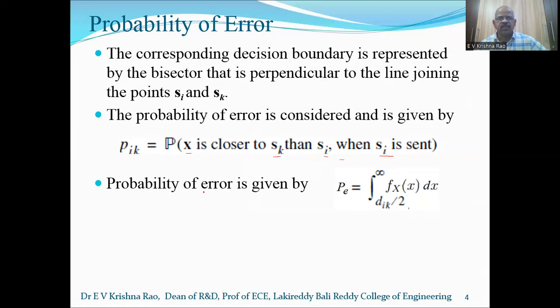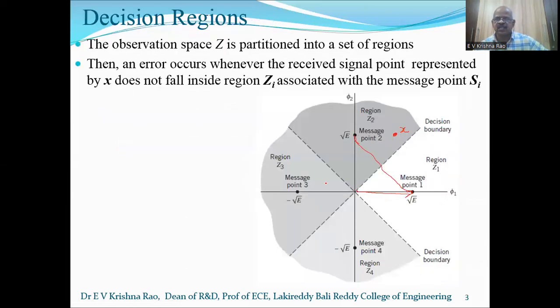To measure that probability of error, we integrate the probability density function of the white Gaussian noise which is added here. It is integrated from half the Euclidean distance dik between message 1 and message 2, that is dik by 2, to infinity. That region gives the probability of error.